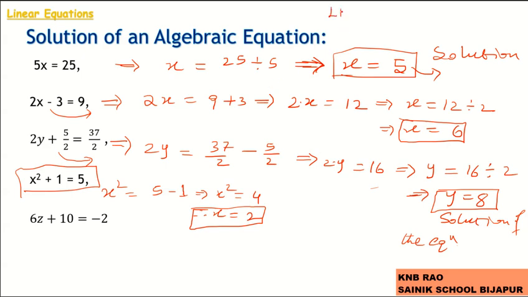In the LHS of the equation, that is in 5x, when I substitute this value instead of that x, it should give the value of the RHS. Then only I call that numerical value as satisfying the given equation.